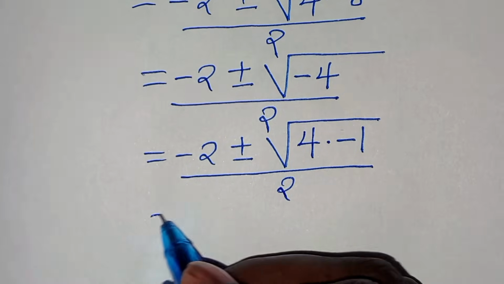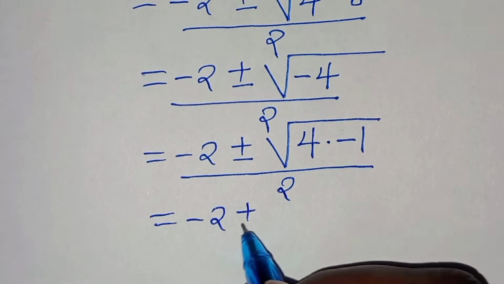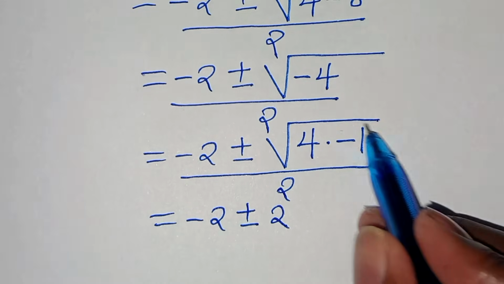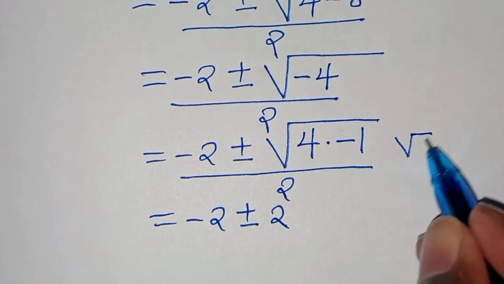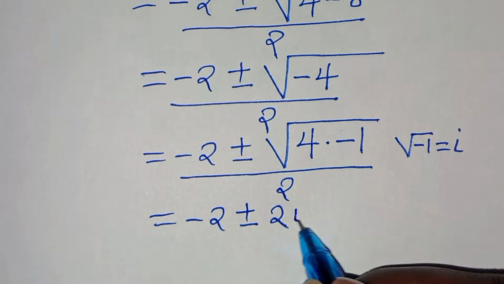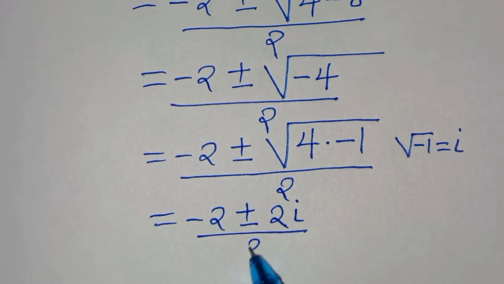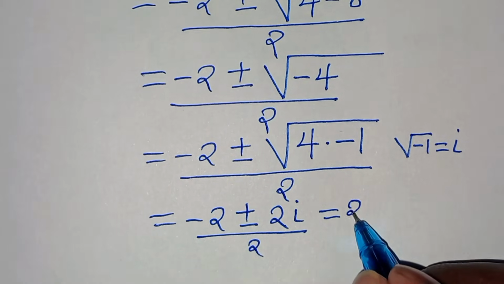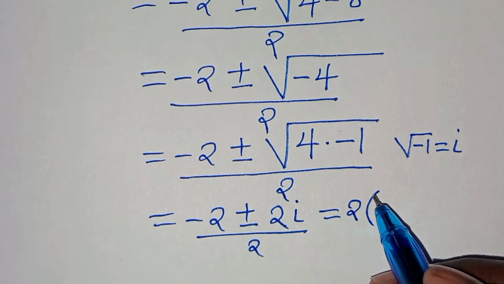So this implies we have minus 2 plus or minus the square root of 4. This is 2. Then we have the square root of minus 1. This is the same thing as i. So we have 2i divided by 2. So in the numerator here, 2 is common. We can factor out 2 into the parentheses.